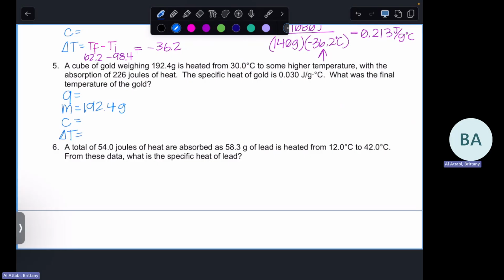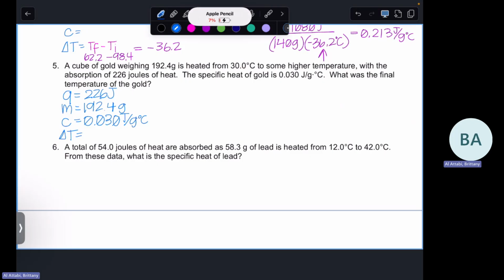I know C, and then what is that number? That's not C. Yeah. Definitely just tried to write that next to Q, but it's fine. All right. And what else do I know? Who can I pick on? John. What else do I know? What is Q? 226. Yeah. Okay.